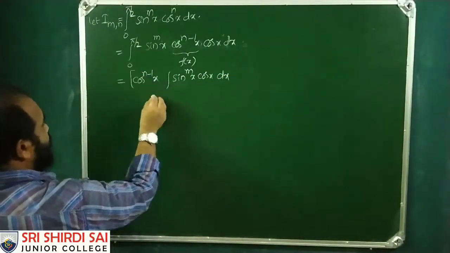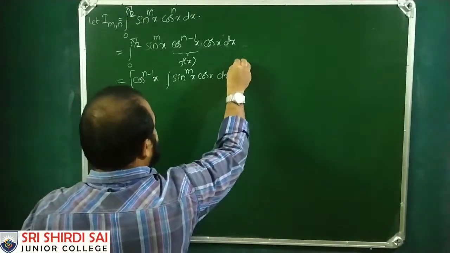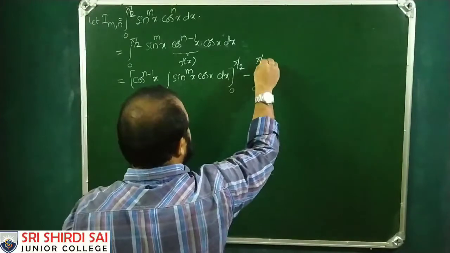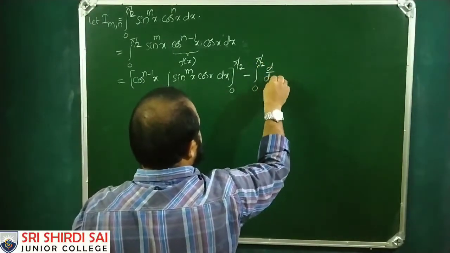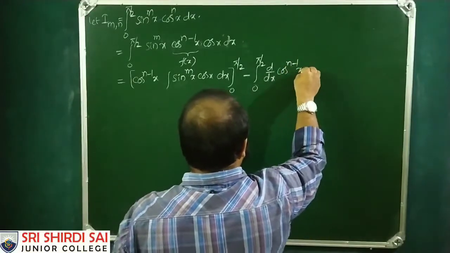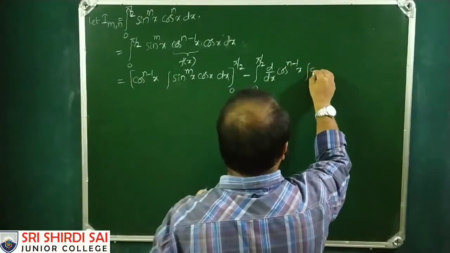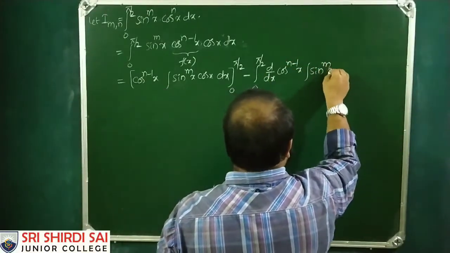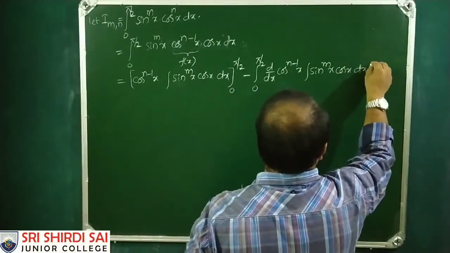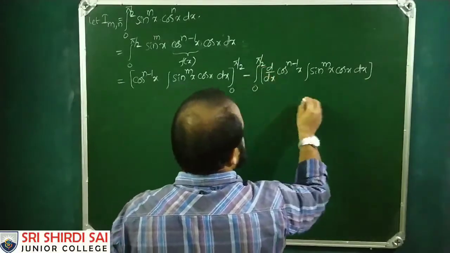So 0 to pi by 2 will be written here, minus 0 to pi by 2 d by dx of cos power n minus 1 x into the integral of sin power mx into cos x dx, whole dx.